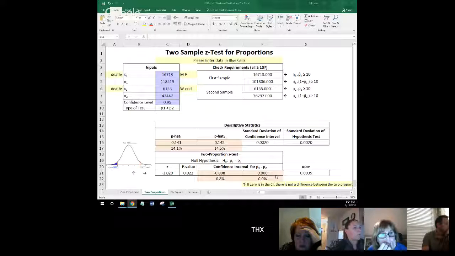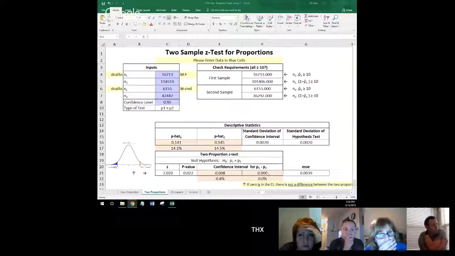So it seems like if there's no difference, we would have to. So 0 is in the confidence interval. We cannot tell if there is a mean difference.